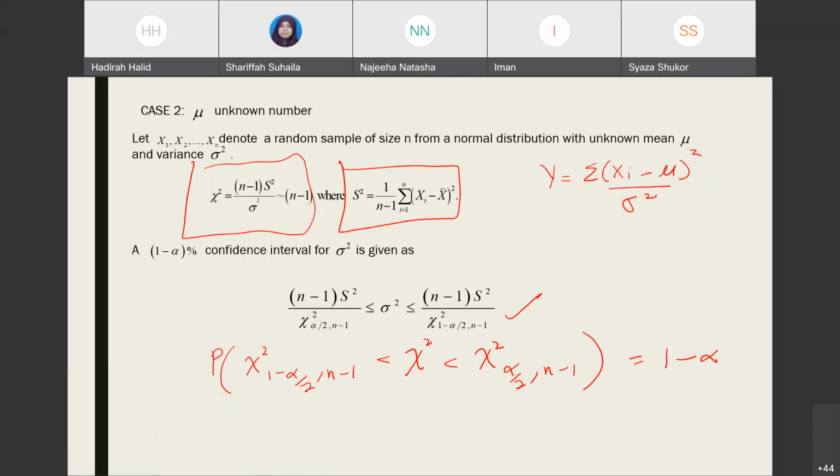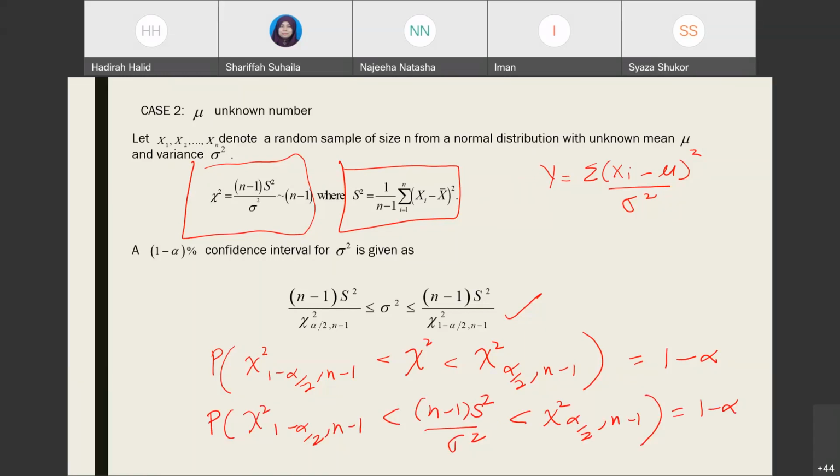So we have the probability that chi-square lies between chi-square 1 minus alpha over 2 and chi-square alpha over 2. With the same approach, we replace and then do some modification. Here you have n minus 1 s squared over sigma squared less than chi-square alpha over 2, n minus 1, equals probability 1 minus alpha.